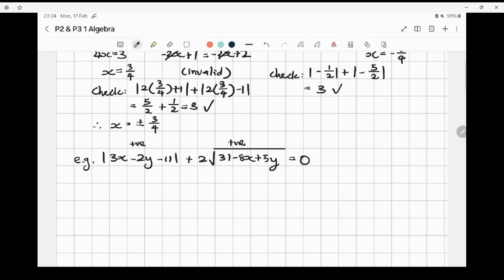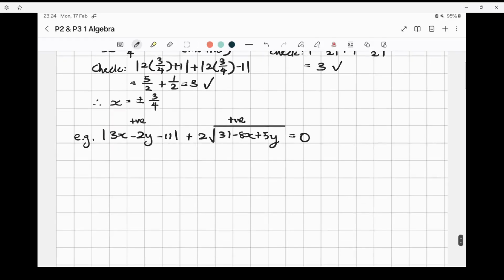So you cannot add two positive numbers and let it equal 0. So the only solution is when the first term, 3x minus 2y minus 11, is equal to 0, and the second, 31 minus 8x plus 5y, is also equal to 0. So then you manage to reduce a complicated modulus equation into simultaneous equations.